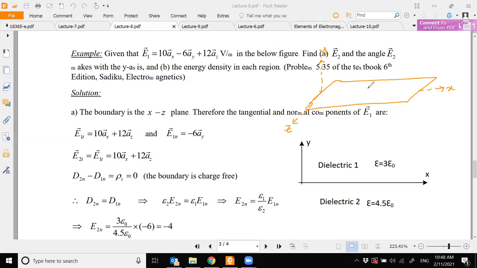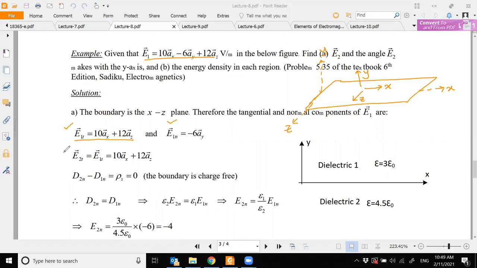The tangential components will be the x component and the z component because they are sitting in the plane. The normal component will be the y component. So I am decomposing my electric field into the tangential and the normal components.